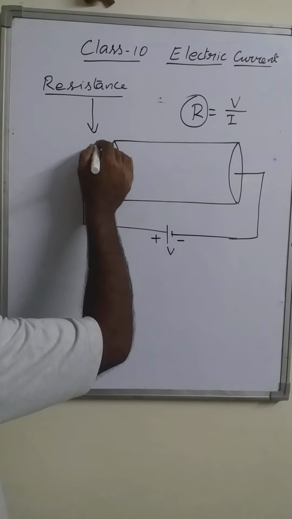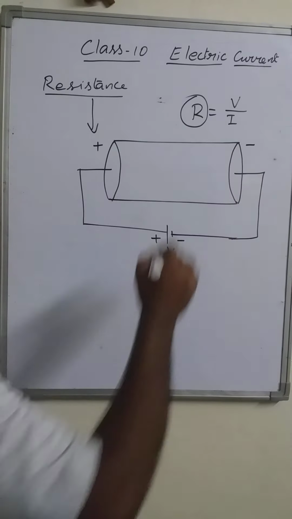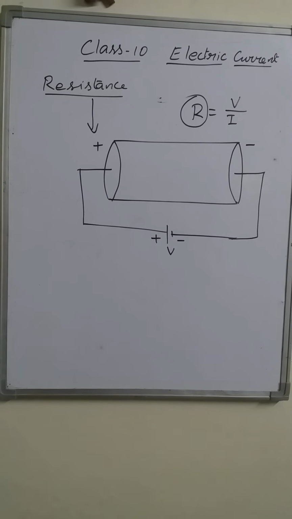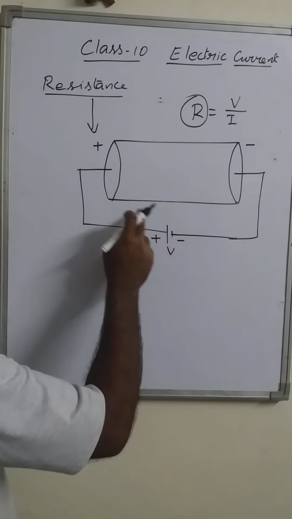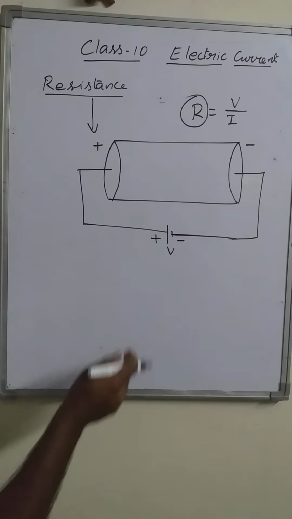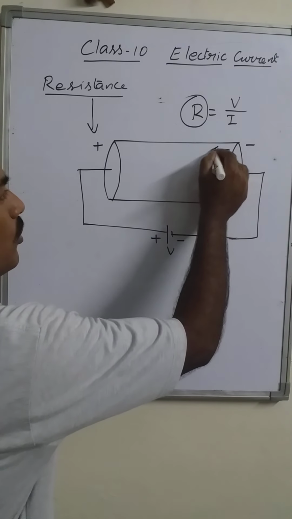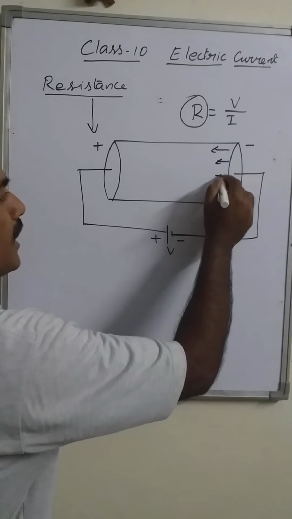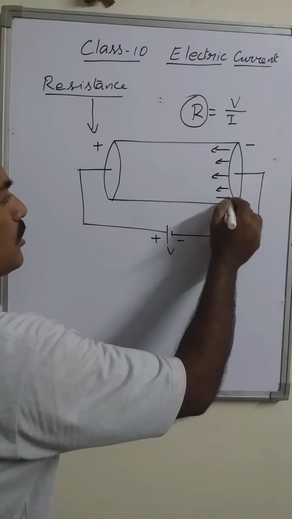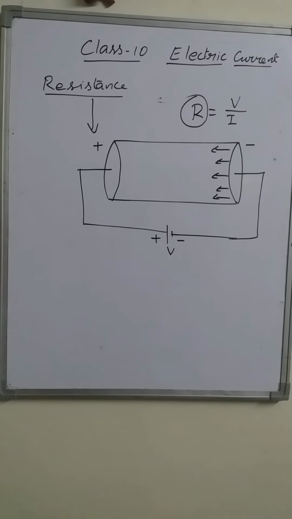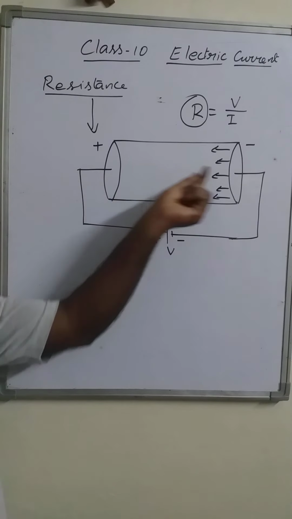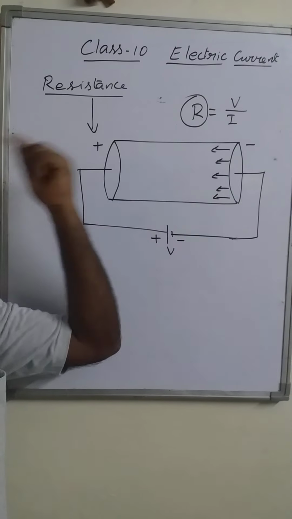So this end becomes the positive terminal and this end becomes the negative terminal of the conductor. Due to the potential difference applied across this conductor, the electrons start to flow from the negative terminal of the conductor to the positive terminal. They all move towards the positive terminal.